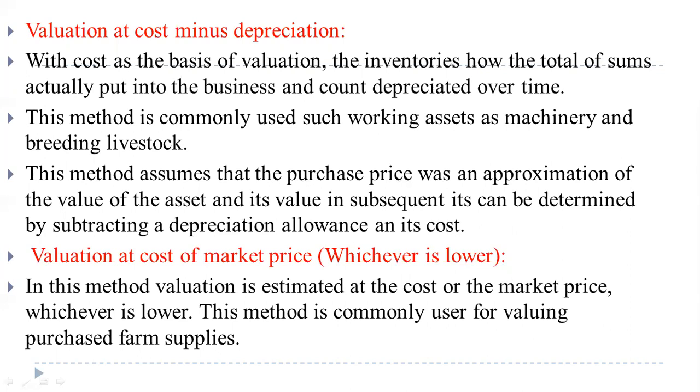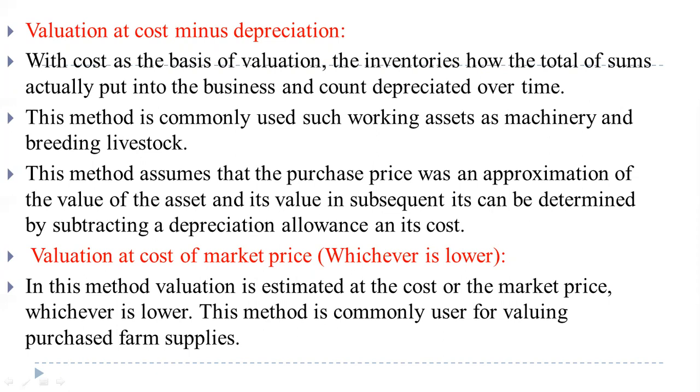This method is commonly used for working assets such as machinery and breeding livestock. This method assumes that the purchase price was an approximation of the value of the asset and its value in the subsequent year. It can be determined by subtracting the depreciation allowance from its cost.